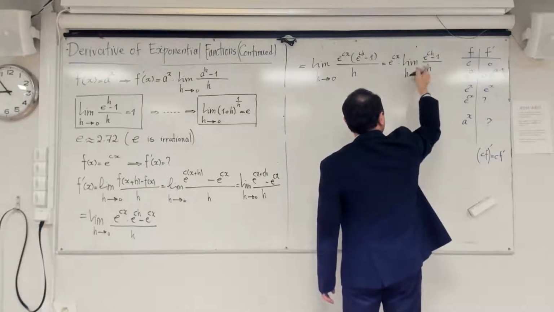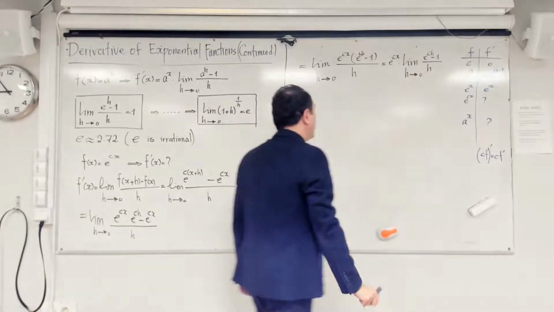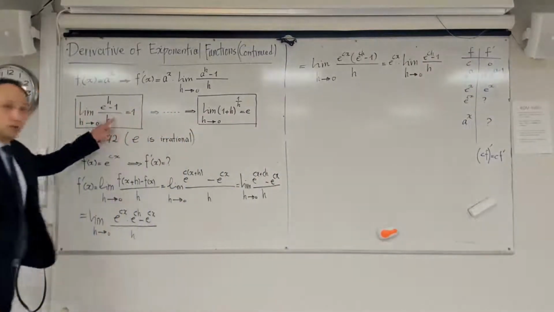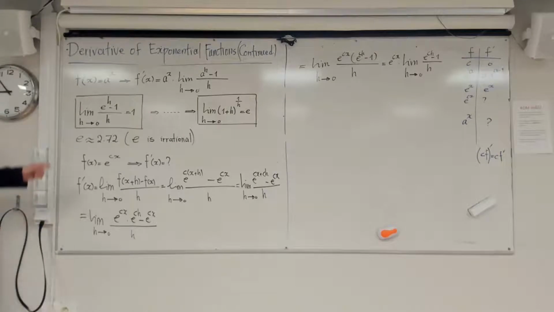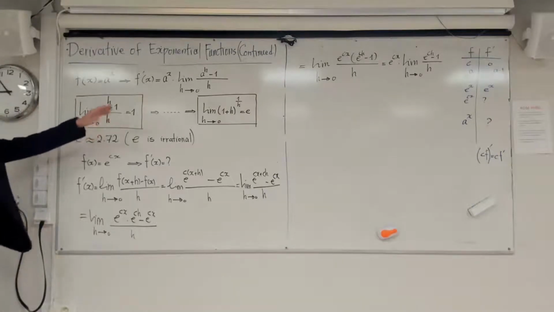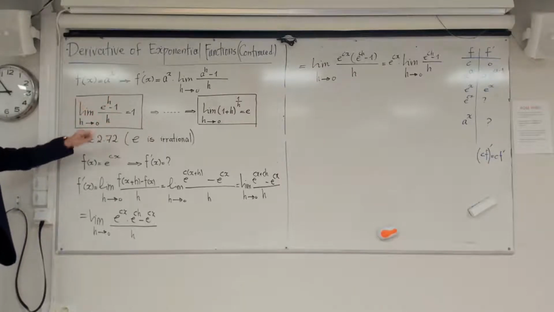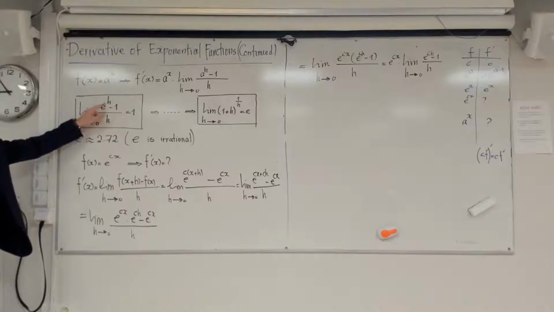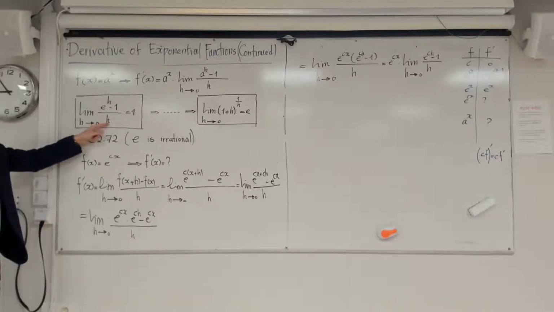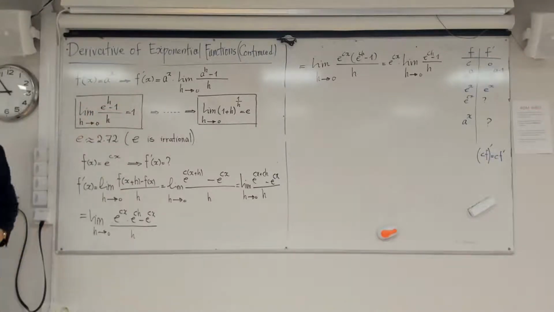Okay. Unfortunately, this limit is not exactly the limit that we know about. Yes, because the limit that we know has very similar structure, minus 1, h goes to 0. But unfortunately, instead of having e to some number, which is this number, I have c times that number.